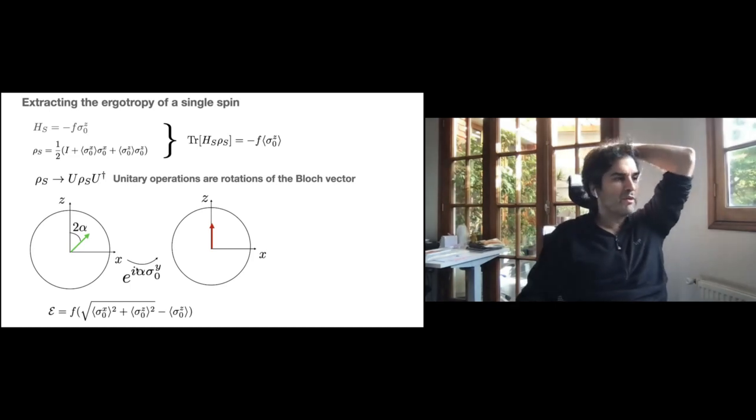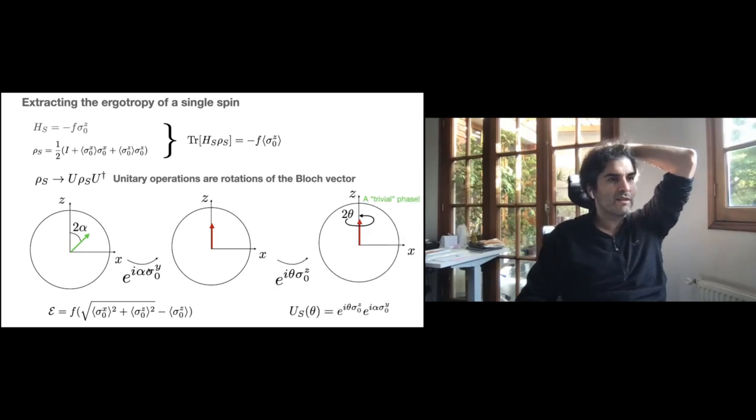But as I mentioned before, there is a phase theta that appears in these unitaries that extract the ergotropy, and the phase theta in this example is very simple. We rotate around the theta direction by an angle 2 theta.